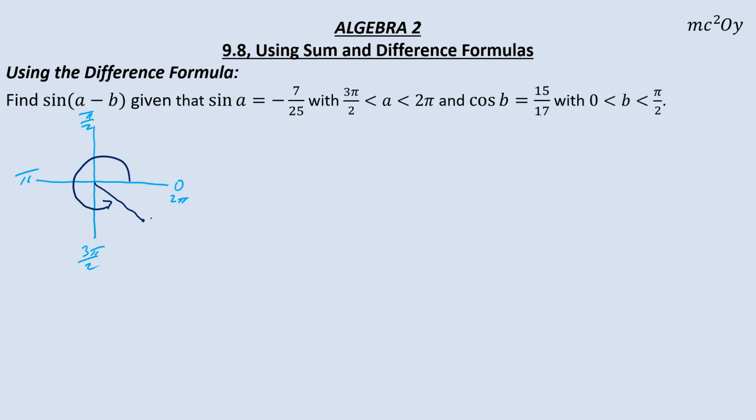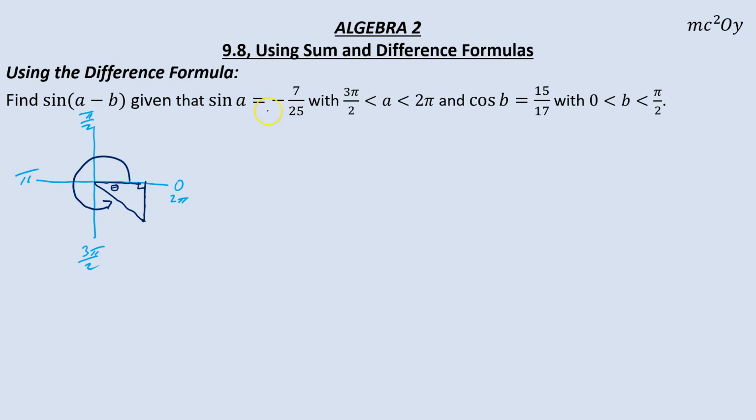What they're saying is you have this triangle, right? If we look at our reference triangle, it's right here. What I know about that triangle is that this theta right here, I would have sine A be 7/25.